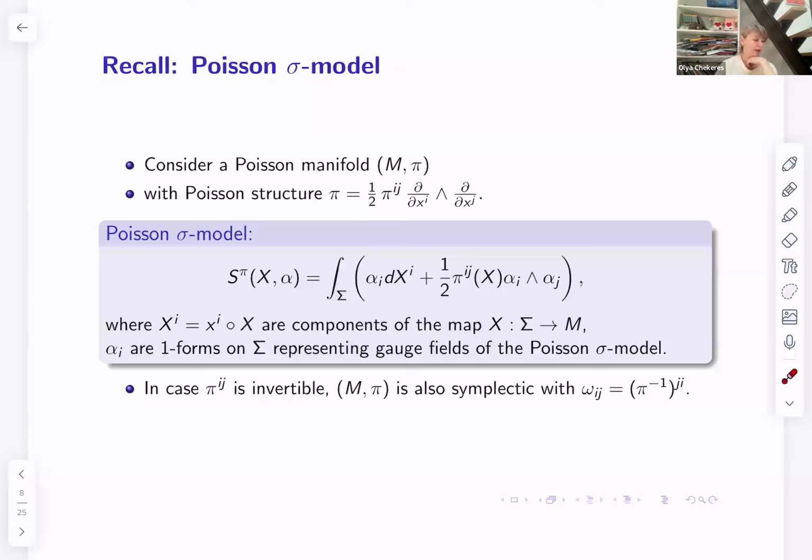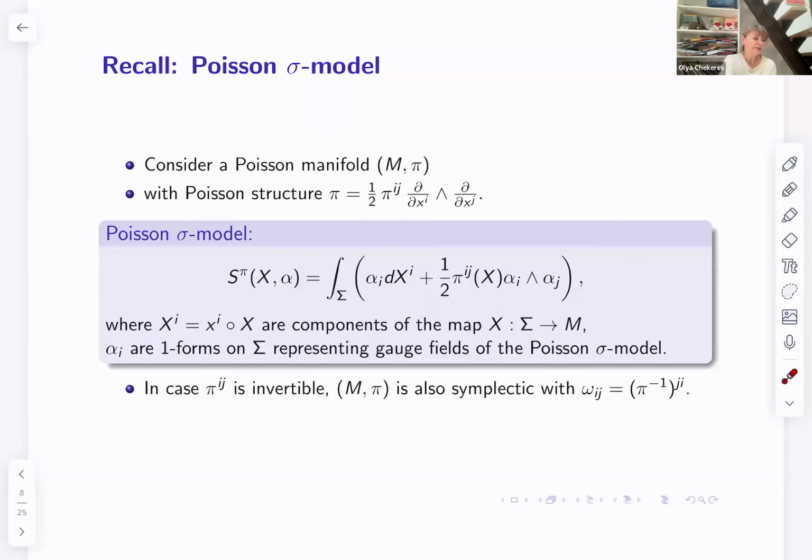And here we have the fields, one forms representing the gauge fields of the Poisson sigma model, and then the map from the source to the target. And here the action functional is given by the following formula, and it includes the Poisson structure.